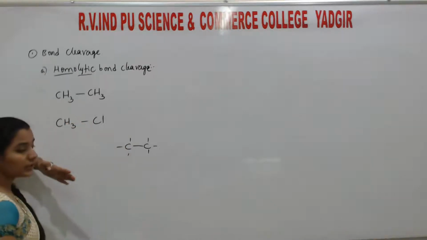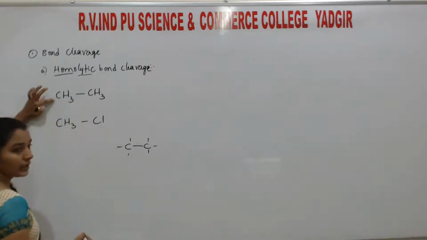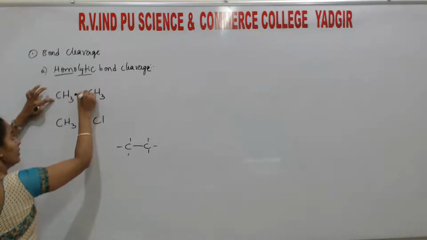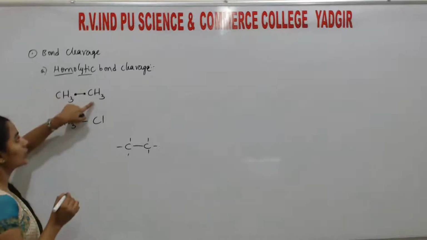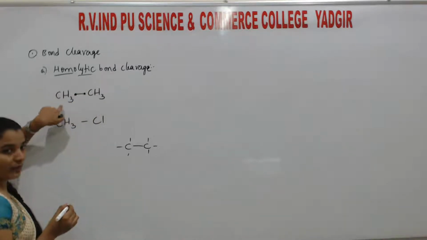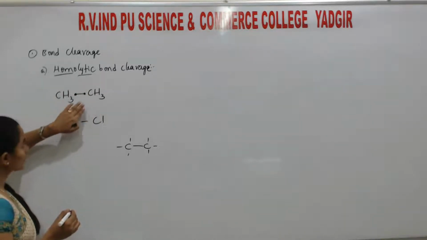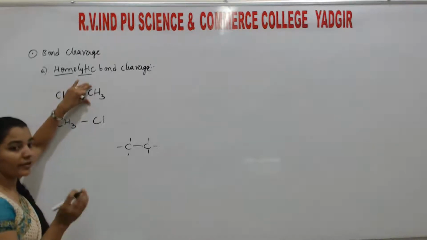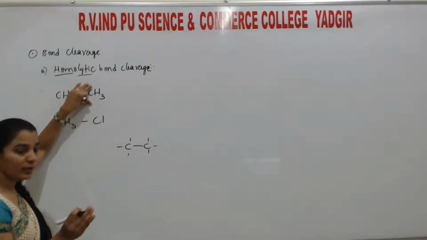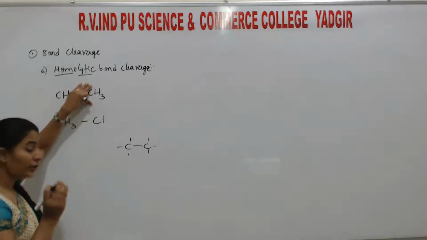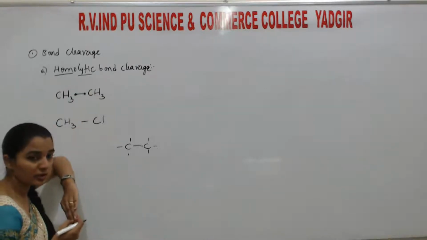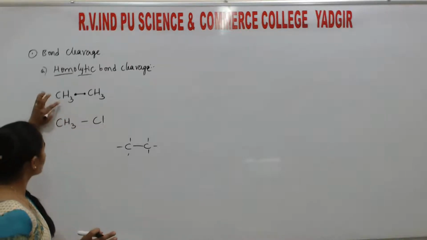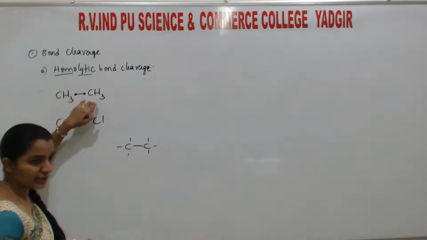Then, how does this bond form? One electron of this carbon is shared with another electron of the other carbon, and they form a bond. Understand? So at this time, this carbon and this carbon have the same physical properties, chemical properties, electronegativity, periodic properties, and ionization energy. Everything remains the same, because here also it is CH3, here also it is CH3.